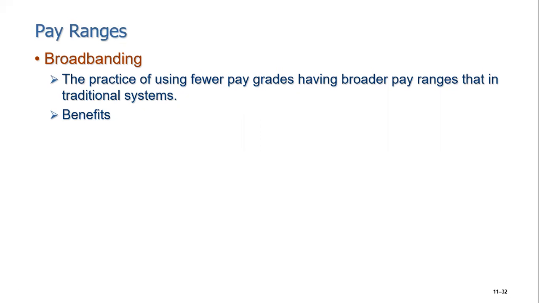All these jobs come under this. So you are minimizing the grades. If you have this practice in your organization, your life will be easier. It is the practice of using fewer pay grades with broader pay ranges than in the traditional system.